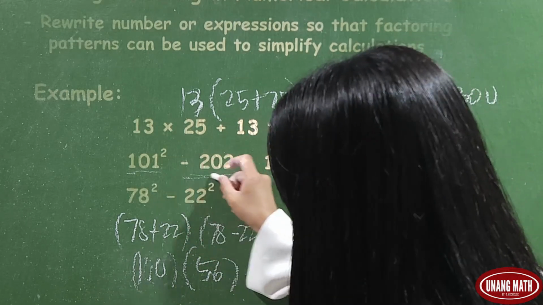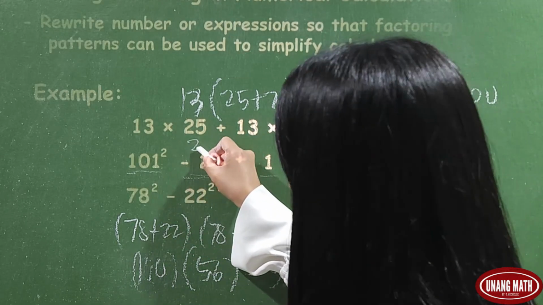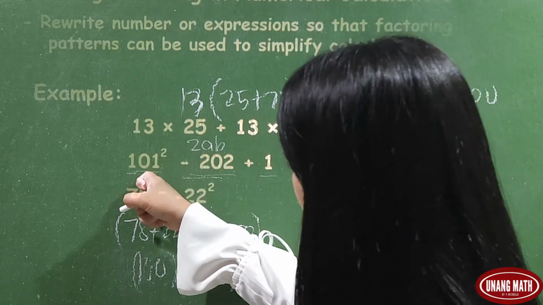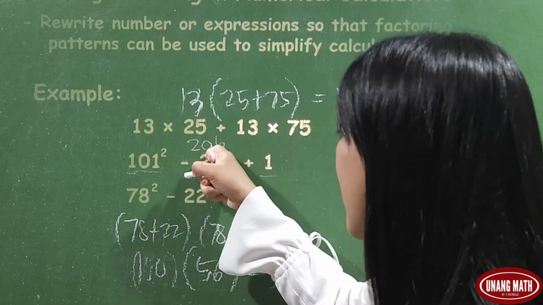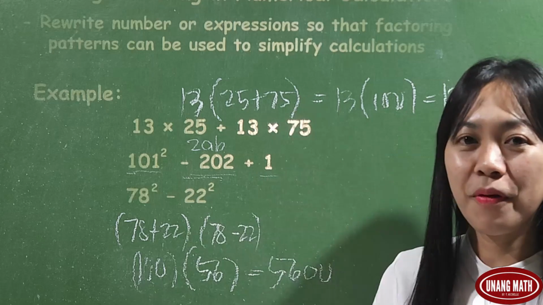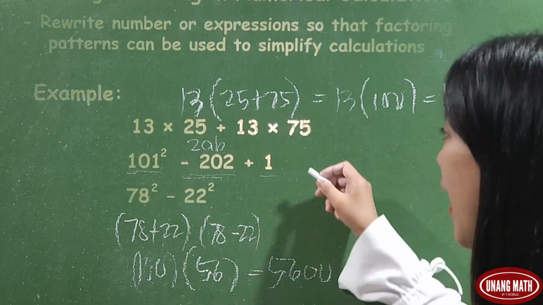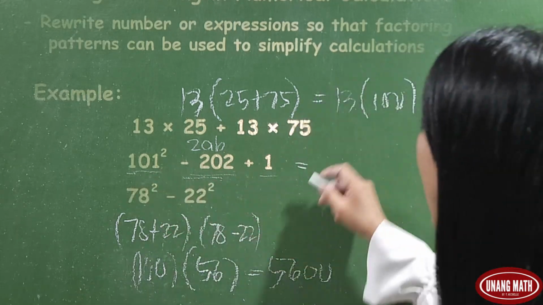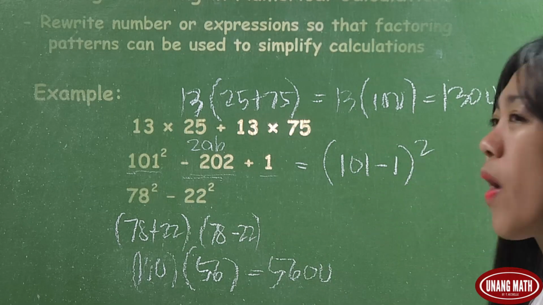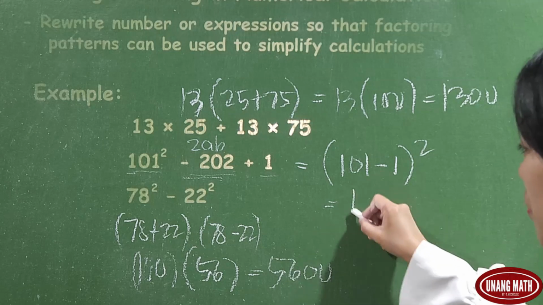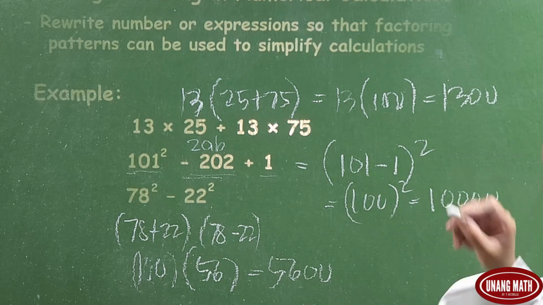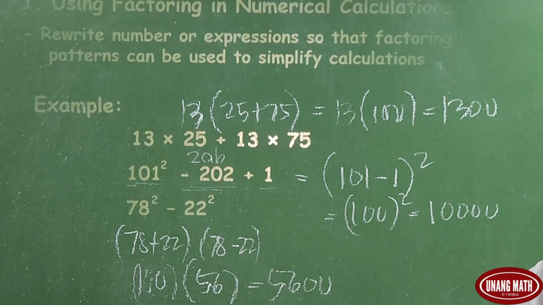The middle term is 2 times A times B, 2 times the first term times the last term, which means this expression is a perfect square trinomial. So if we are going to factor this out, this is 101 minus 1 squared. So this is 100 squared, which means this is equal to 10,000.